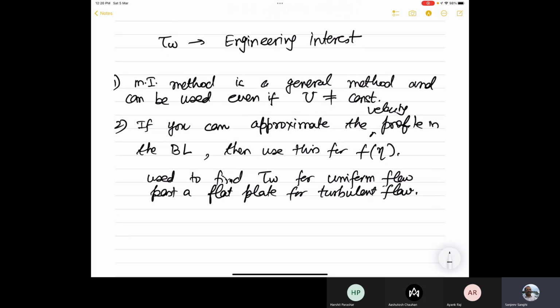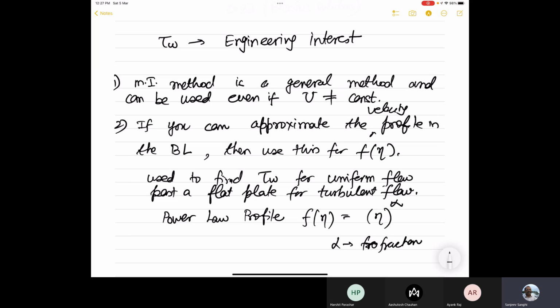See, this velocity profile which we have assumed, a polynomial profile, works when the flow is laminar. In turbulent flow, we have some sort of a power law profile. That is, f of eta will be something like eta to the power of alpha, where alpha is a fraction, something like 1/7, 1/5, and things like this.